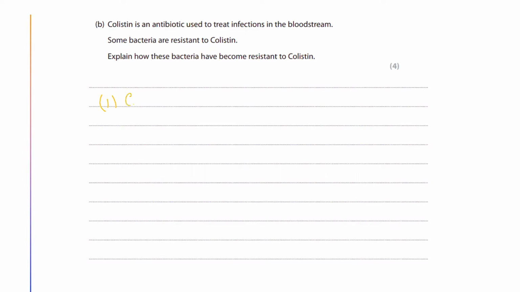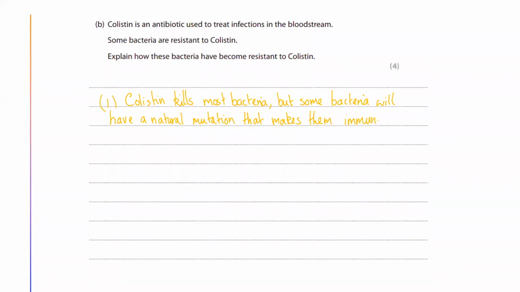So colistin killed most bacteria, but some bacteria will have a natural mutation that makes them immune to colistin.